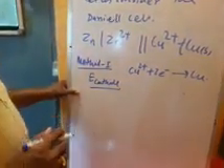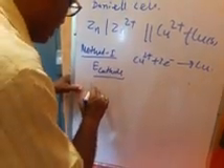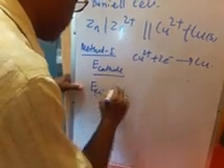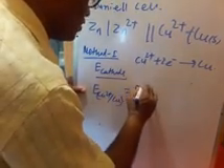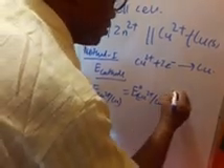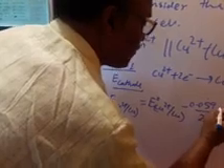Then, applying the Nernst equation, E Cu2+ by Cu will be equal to E naught Cu2+ by Cu minus 0.059 by 2 log 1 by Cu2+. We have known it from the Nernst equation.